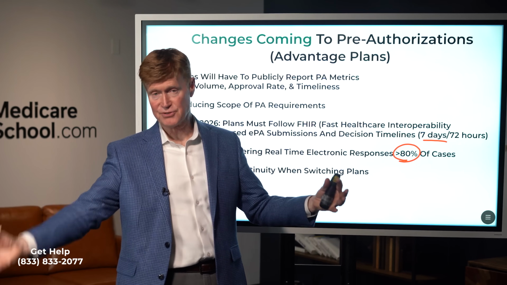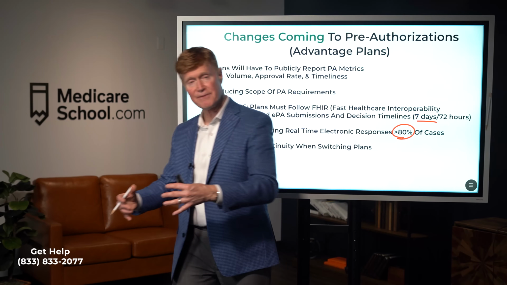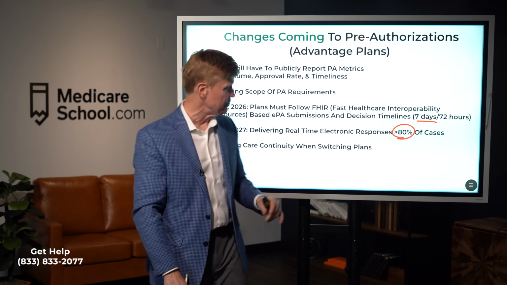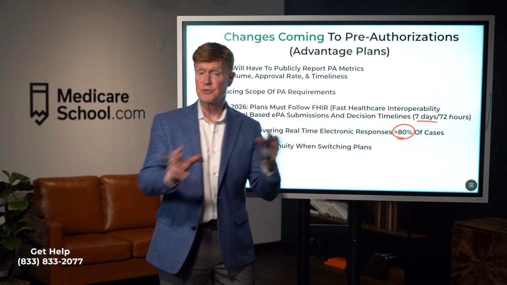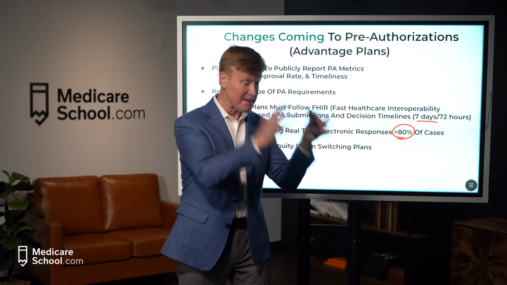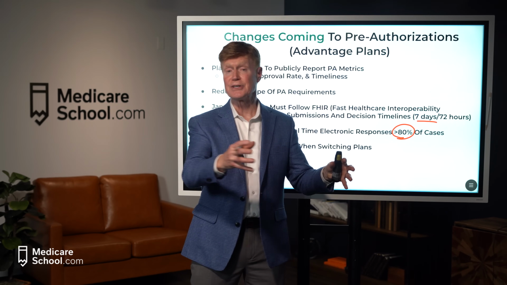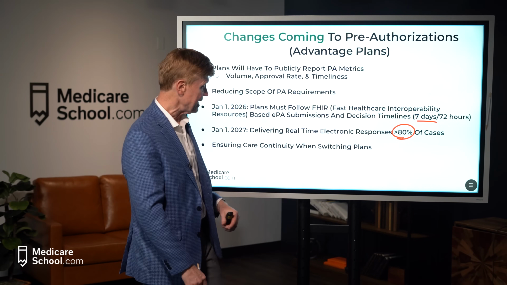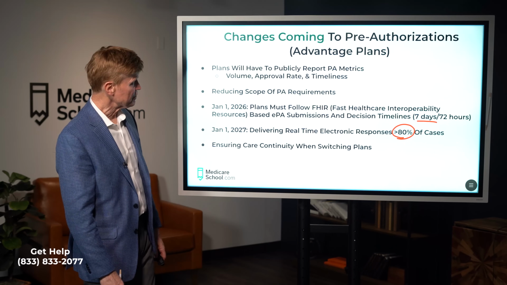It didn't pass on. You had to go back through that prior authorization process. So now what they're going to make them do is ensure continuity when they switch plans, so that prior authorization from ABC Insurance Company is now good for 90 days. It'll carry over to the next Advantage plan. So that was one of the goals as well.